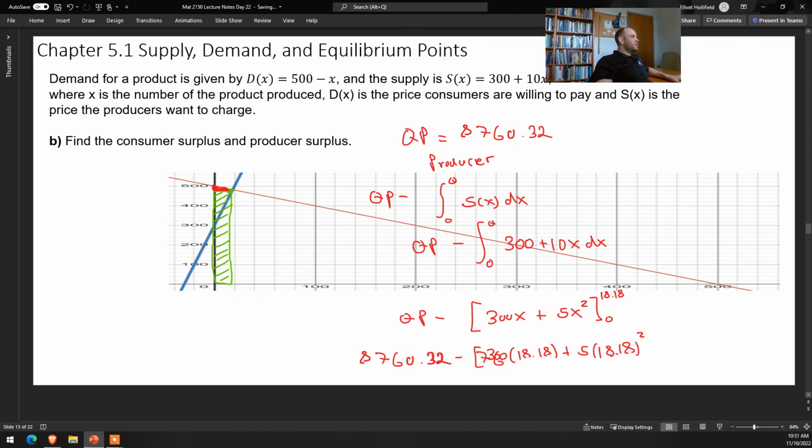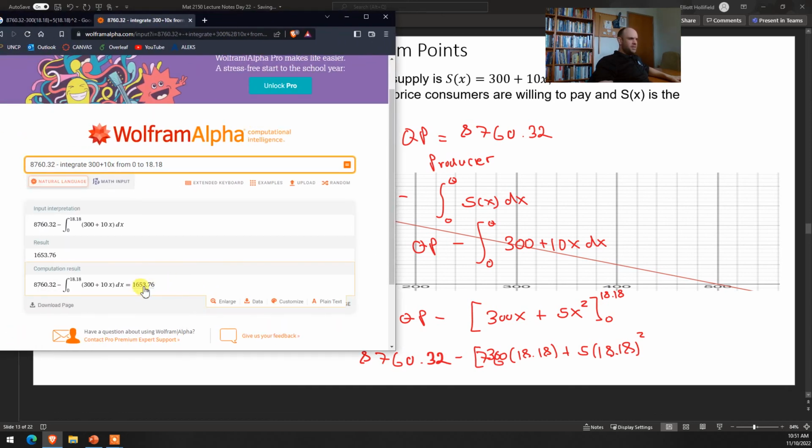Which means we take this quantity that we found and subtract it from Q times P, which should give us a positive number. And that gave me 1653.76.